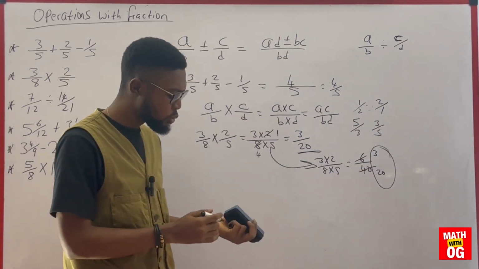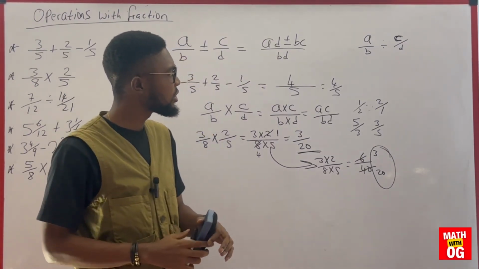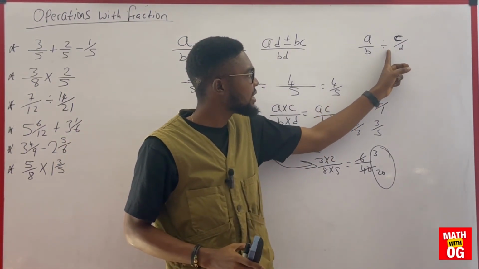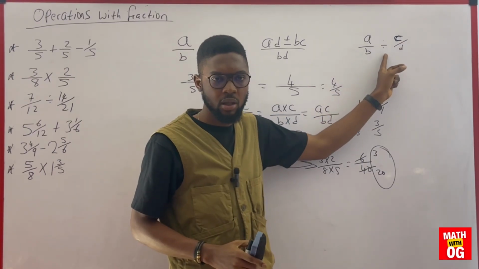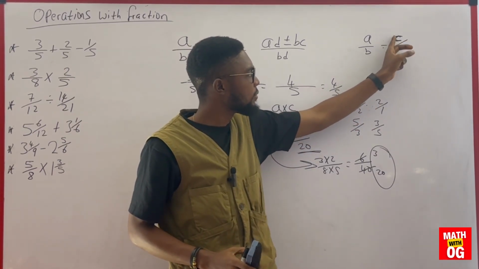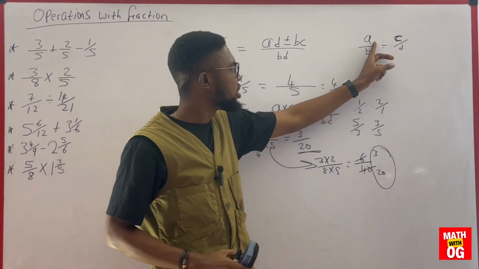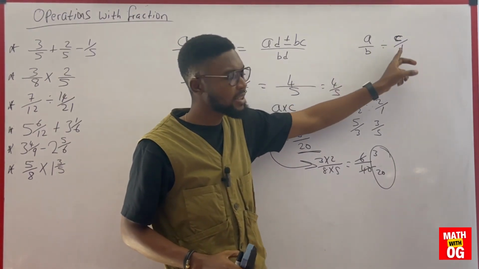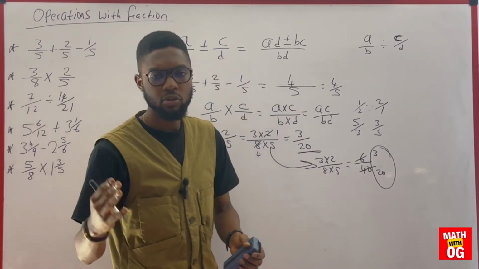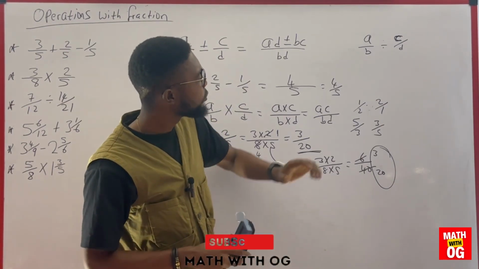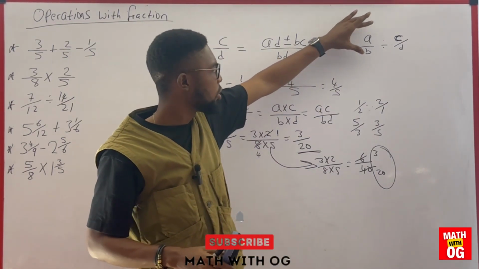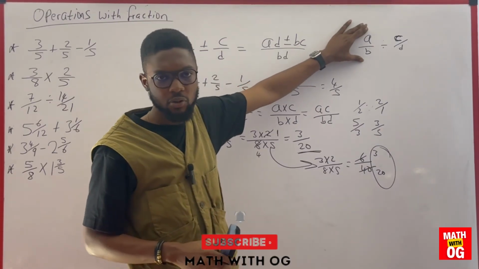So whenever you are doing division, what you simply do is change this sign to multiplication, and after doing that, you invert the fraction after the division sign. You have no business with the first fraction because it is before the division sign.